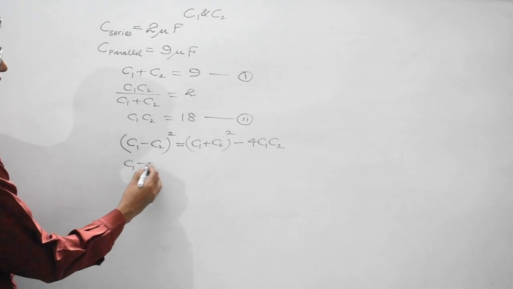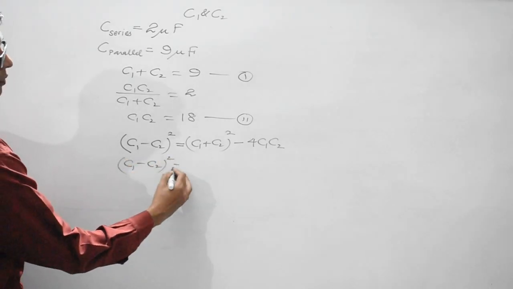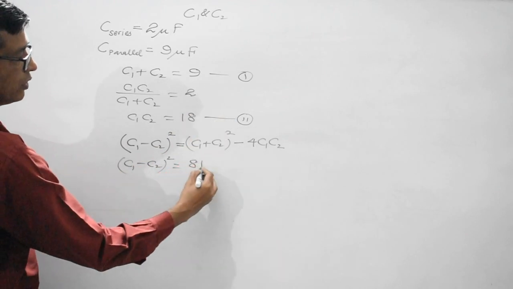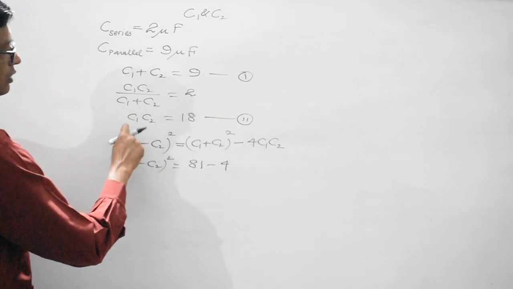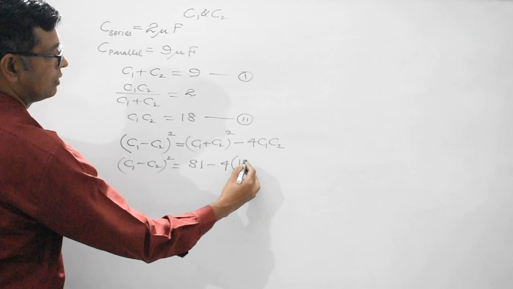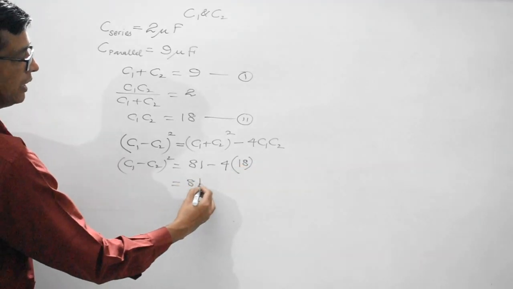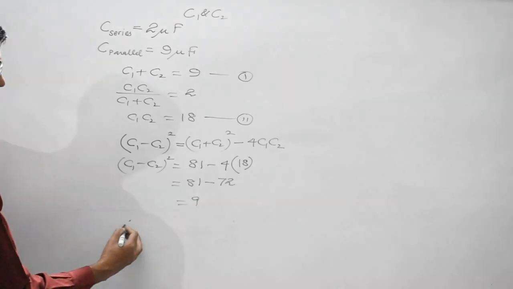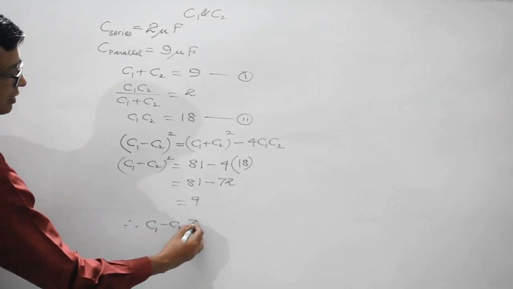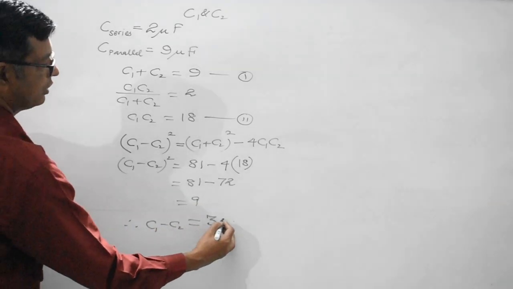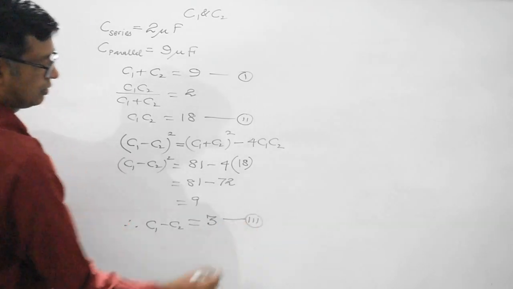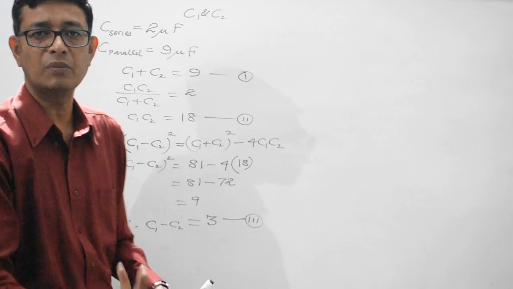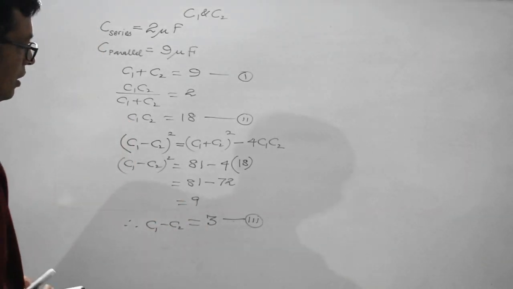So what you get is C1 plus C2, it's 9 square, we get 81, minus 4 C1 C2, it's 18. So it is 81 minus 72, that is 9. Therefore, C1 minus C2 is equal to 3. Plus minus 3 actually, but capacitors can't be negative, so I am considering only the positive sign.